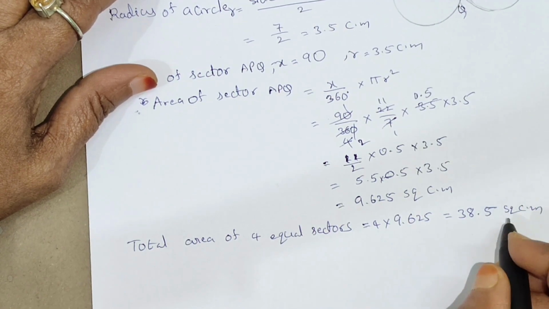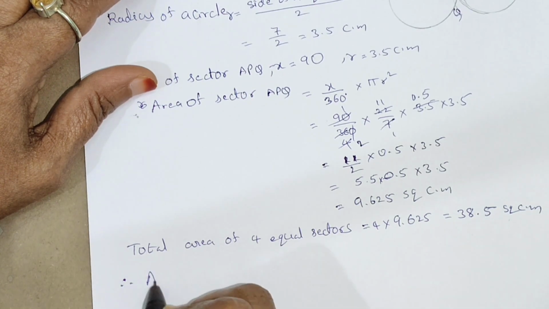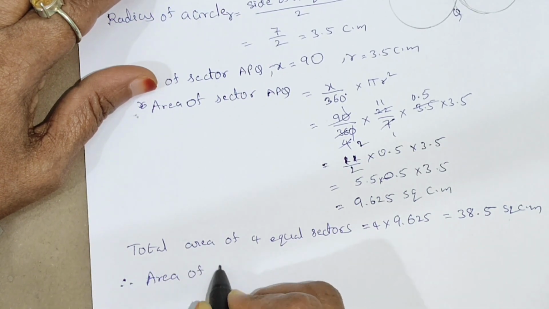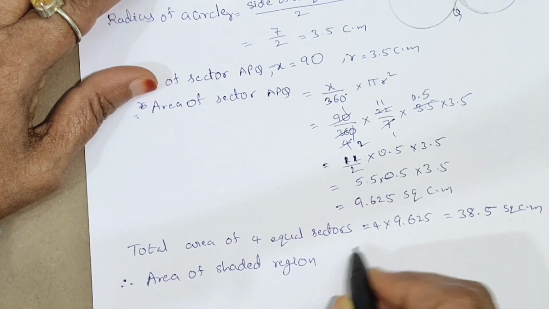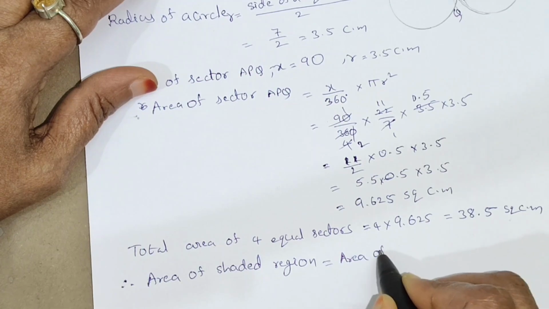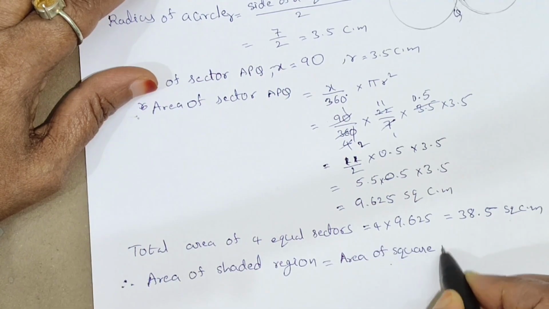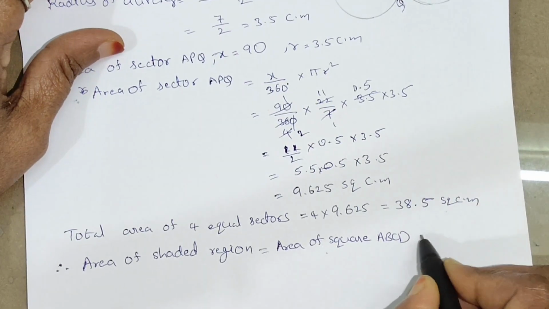Now with 38.5 we find the shaded region. Therefore the area of the shaded region is equal to the area of square ABCD minus the area of the 4 equal sectors.